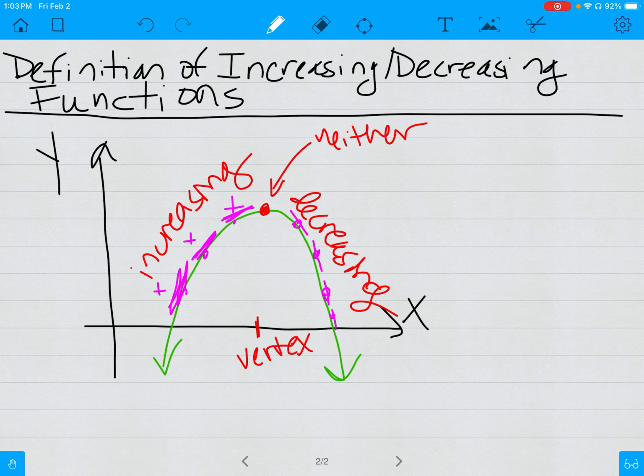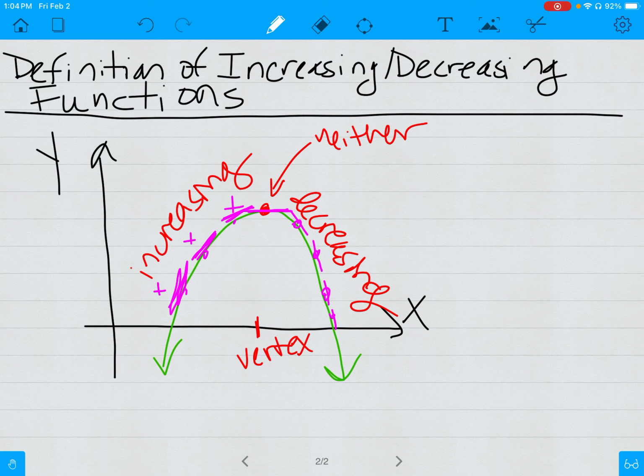So we can simply read along the function from left to right to see if it's increasing or decreasing. We could also draw this kind of imaginary tangent line and say, okay, what would the slope of this tangent line be? If it's positive, that's an increasing function. If it's negative, that's a decreasing function. You'll notice, interestingly, at the vertex here, where it's neither increasing nor decreasing, the tangent line there would be horizontal, right?